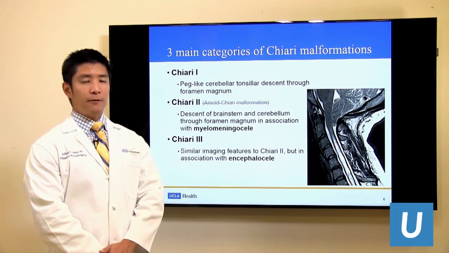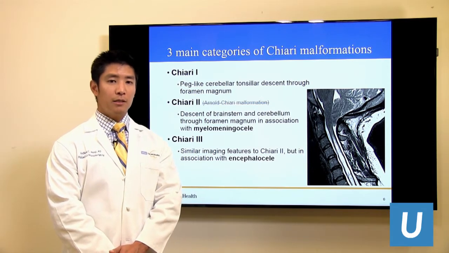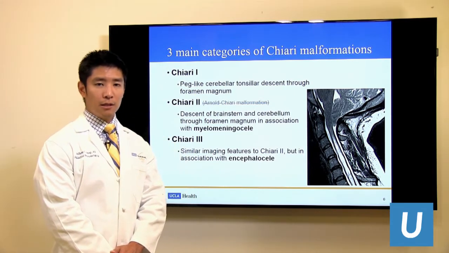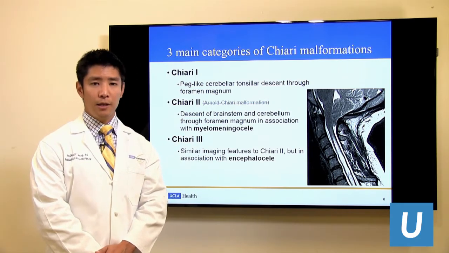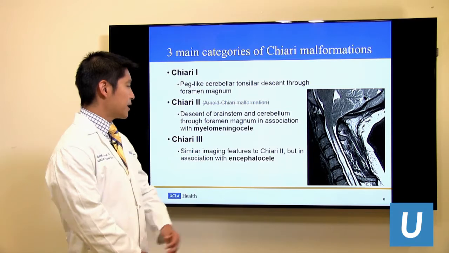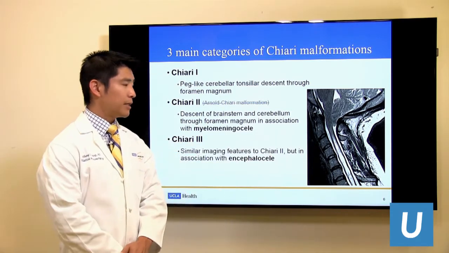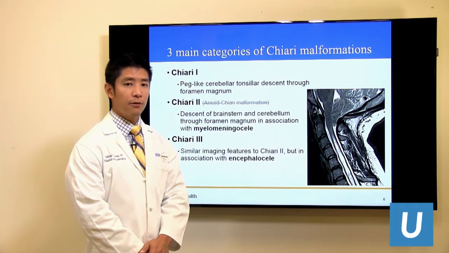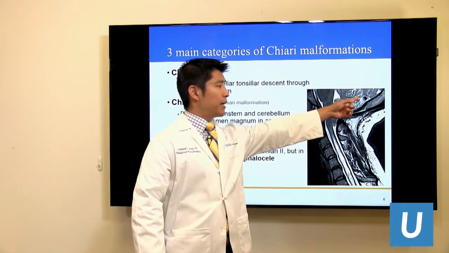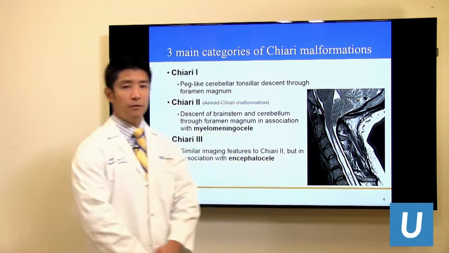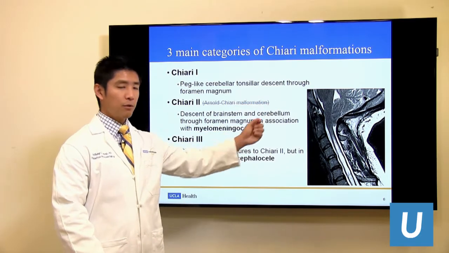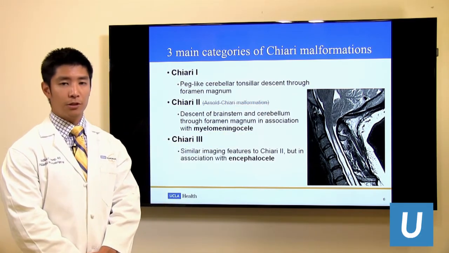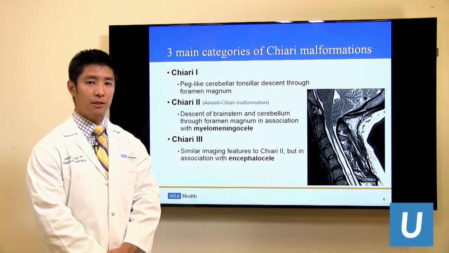This is a totally different pathology than Chiari 1. It's a neuroectodermal pathology, as is Chiari 3, which has the same imaging features, but in relation to an encephalocele, so an outpouching of brain tissue rather than spinal cord tissue, in association with this same kind of downward descent of neural structures through the foramen magnum at the base of the skull.